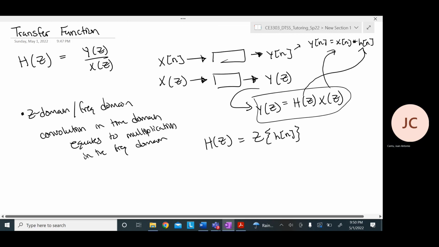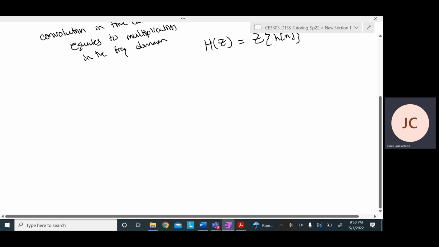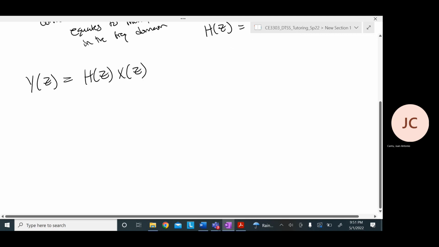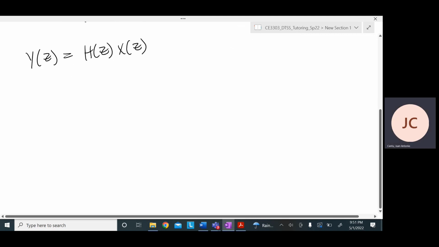This is how we will solve DT-LTI systems. You need to remember that Y of z is equal to our transfer function times X of z. So let's define our transfer function mathematically. I'm sure you guys remember this.